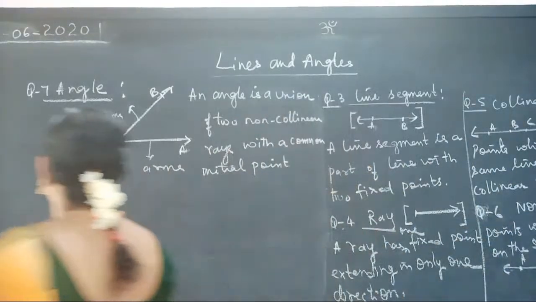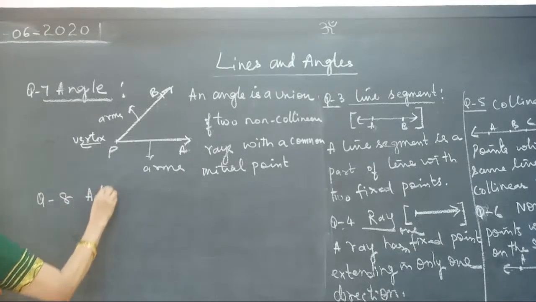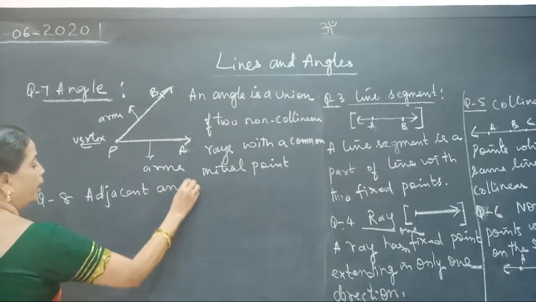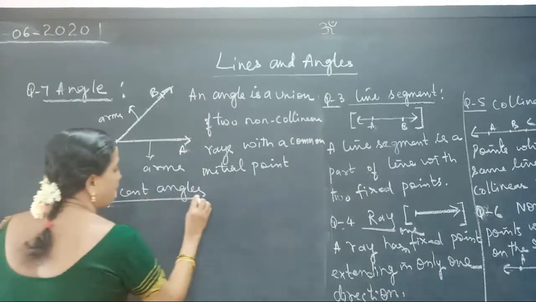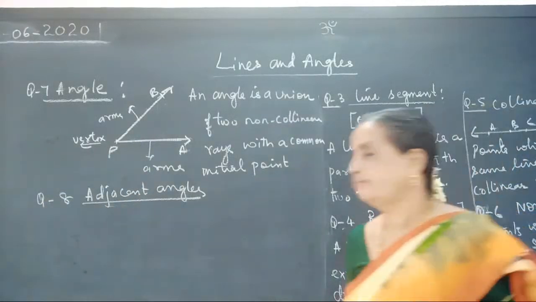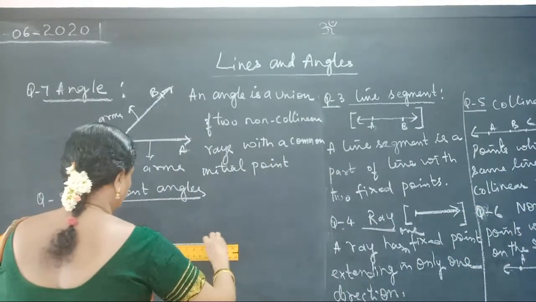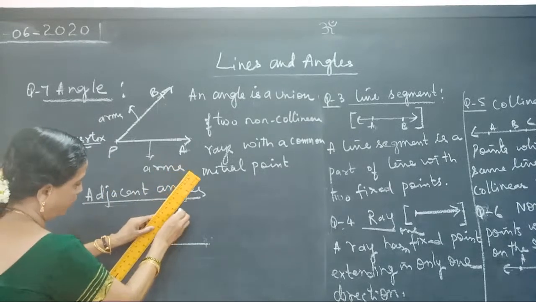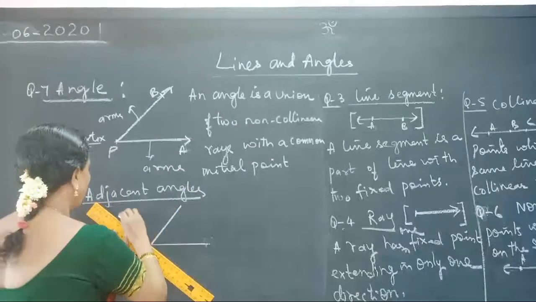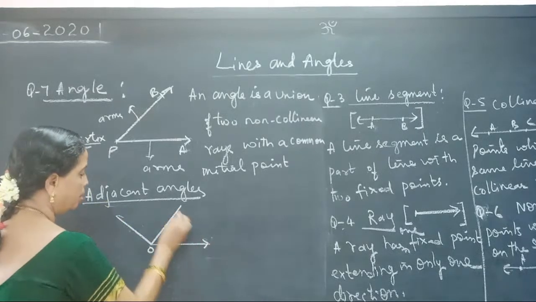Next heading, point number 8, adjacent angles. Get the figure for adjacent angles. It has one common arm and two non-common arms like this, with a common vertex.